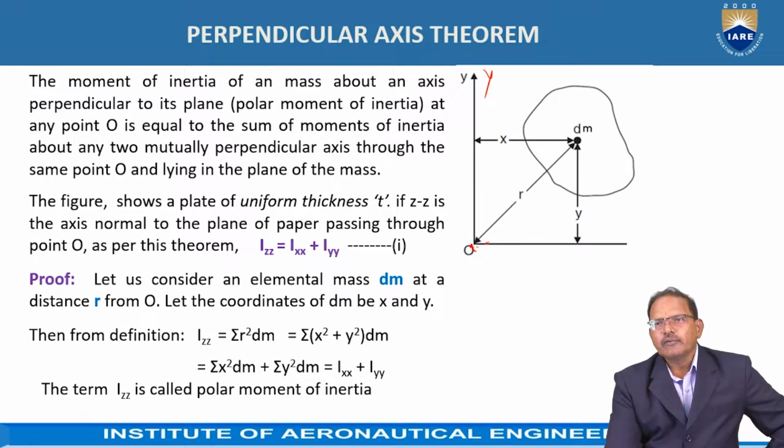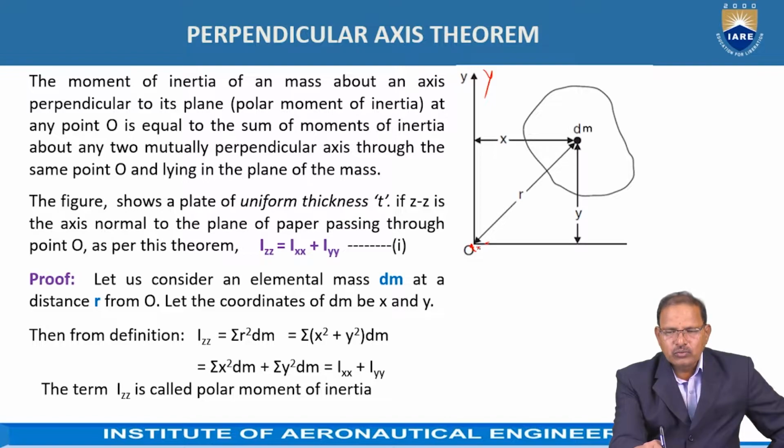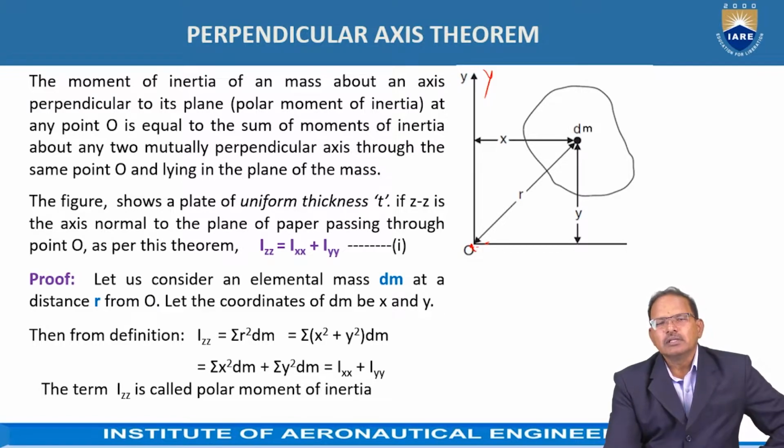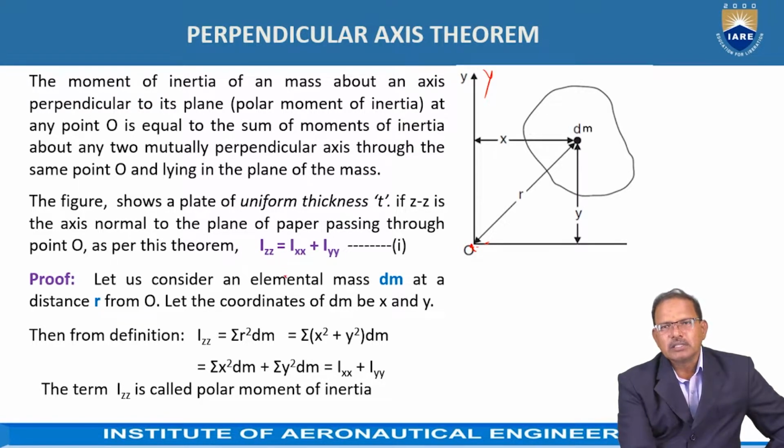The polar moment of inertia is the moment of inertia of the mass about the z-axis, that is OZ, which is equal to the sum of the moments of inertia about the x-axis and y-axis. Mathematically, it is represented as Izz is equal to Ixx plus Iyy.